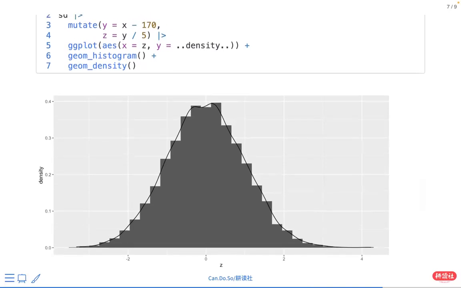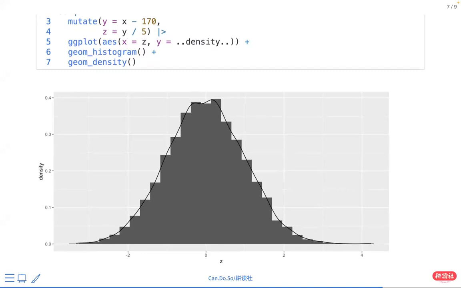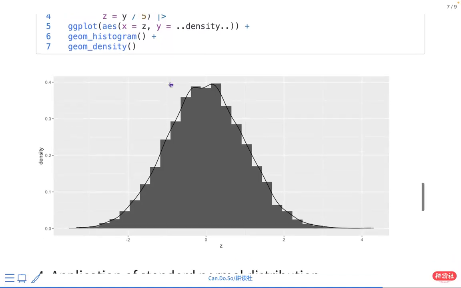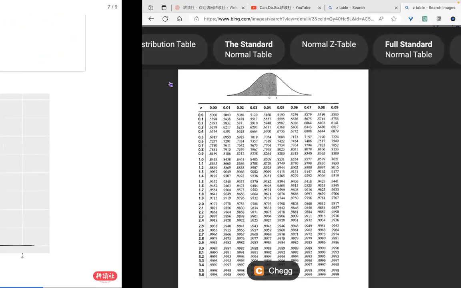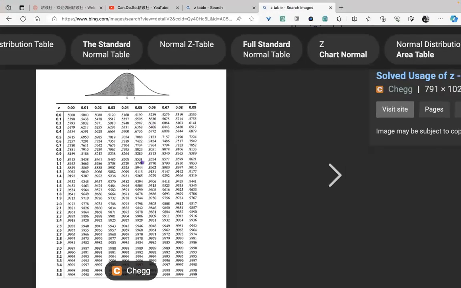But maybe you will use it because during some exams, the examiner will give you a table, so you have to use the table to find out the probability or critical values, the z-score. If you know this score, you can find the probability here. And if you know the probability, you can also find the score.